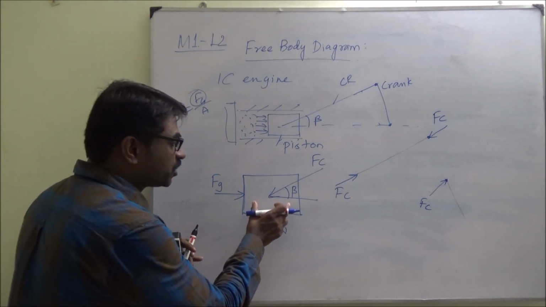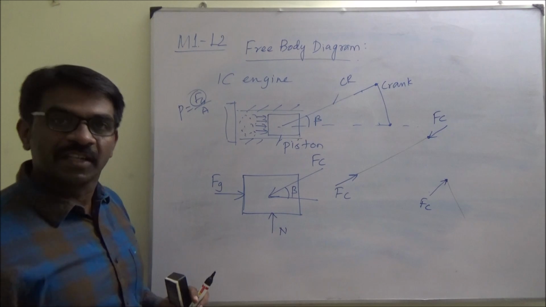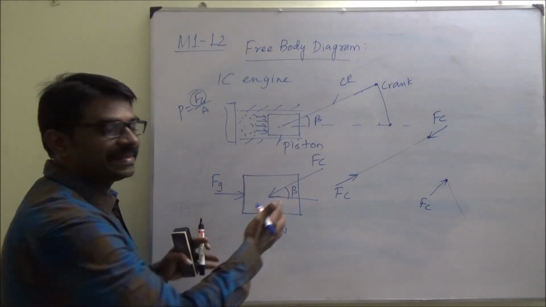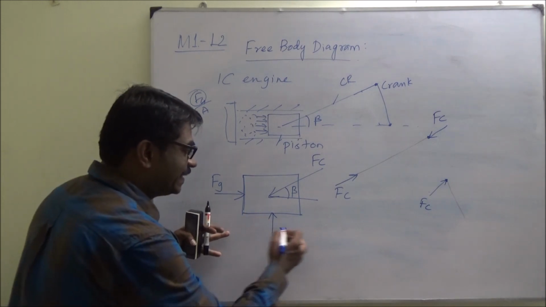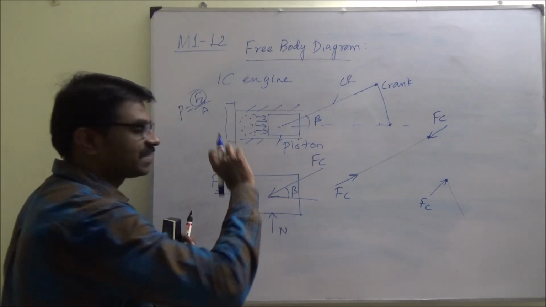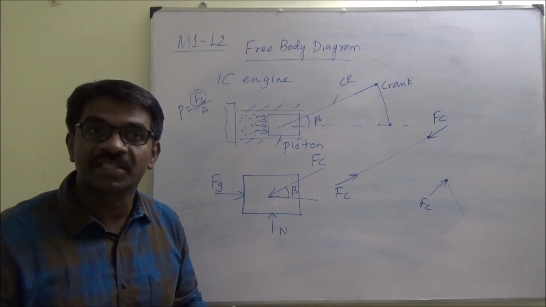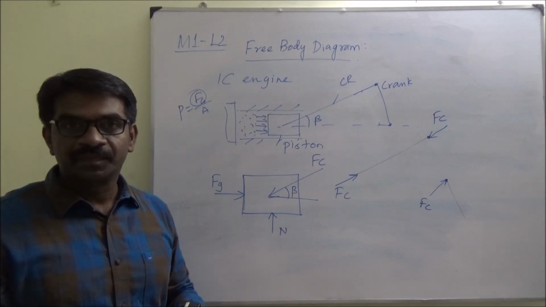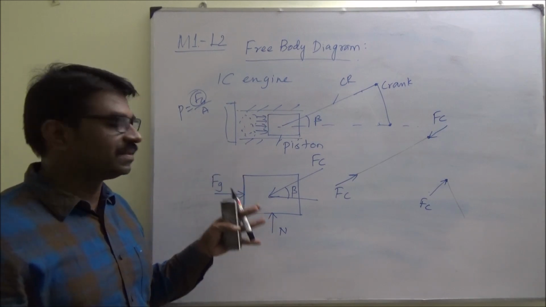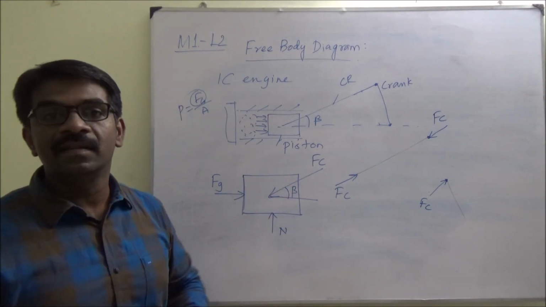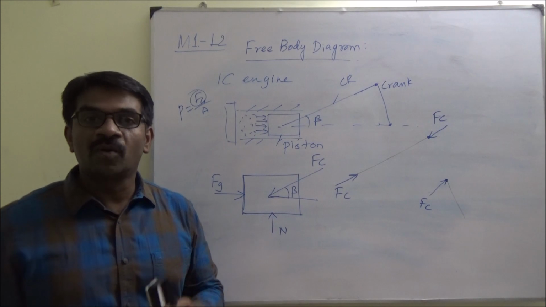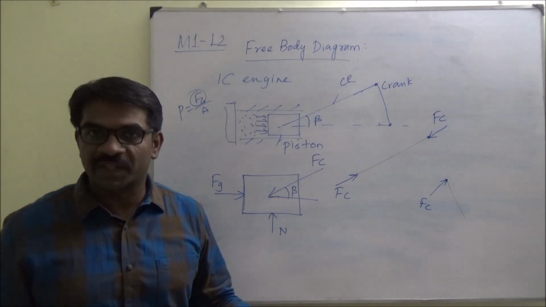If it is considered to be a rigid body, then the size also comes into the picture. So the distances, this width and this height, all these dimensions you have to use. If it is considered to be a particle, then those distances will not come into the picture, but the angle does involve in the calculation of the unknown forces.